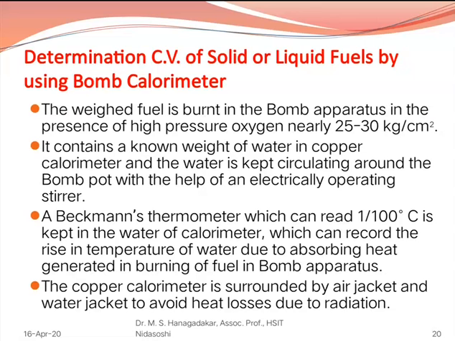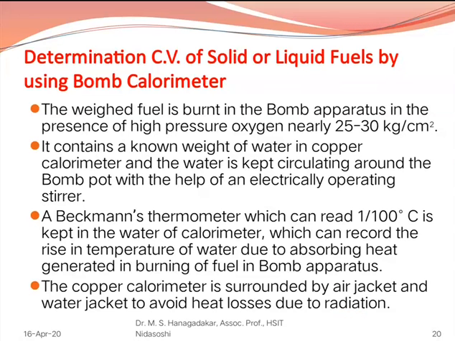The weighed fuel is burnt in the bomb apparatus in the presence of high-pressure oxygen, nearly 25 to 30 kg per centimeter square. It contains a known weight of water in the copper calorimeter, and the water is kept circulating around the bomb pot with the help of the electrically operated stirrer.